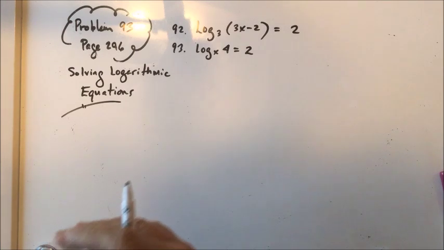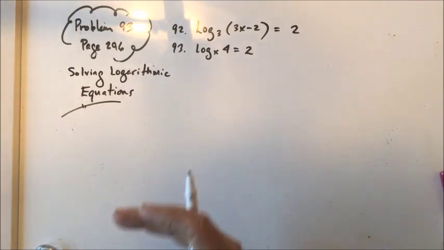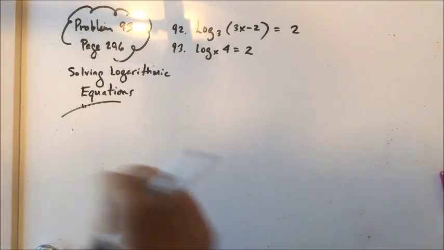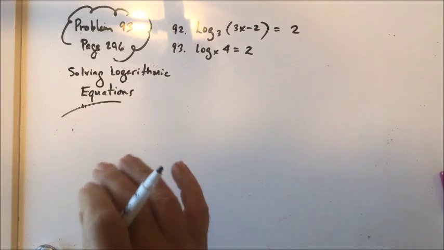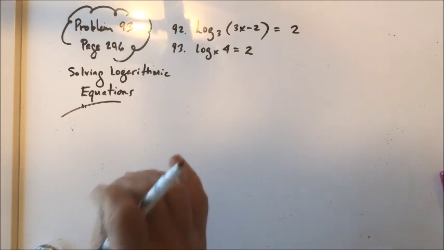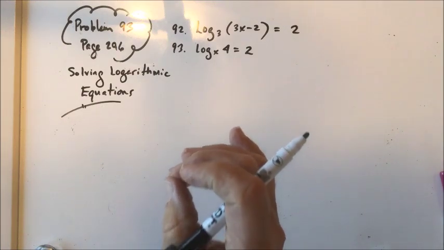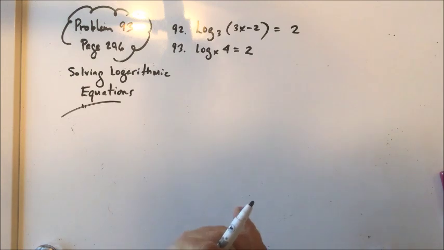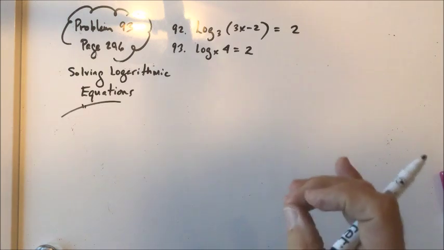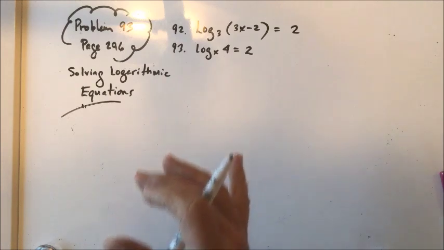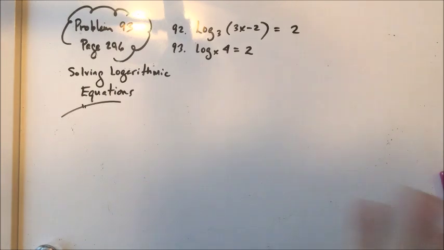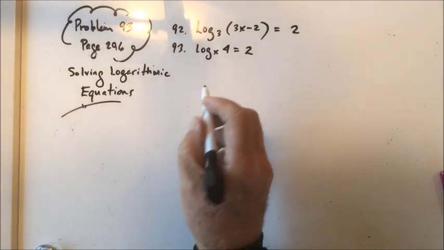You know, we looked a few problems ago at exponential problems, and the way we solved the problem that was given us was to make use of the fact that if a base a is raised to an exponent u, and it's equal to same base a raised to an exponent v, then it must be the case that u is equal to v, and you go ahead and solve that problem.